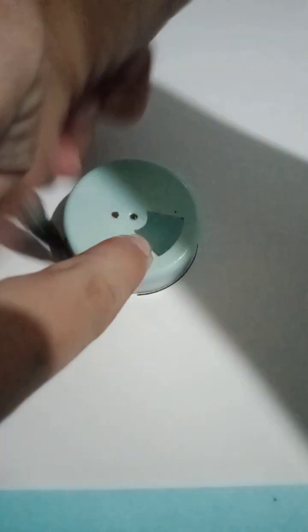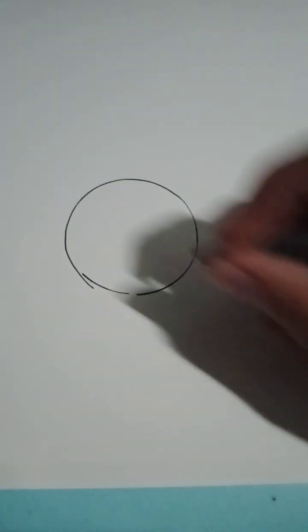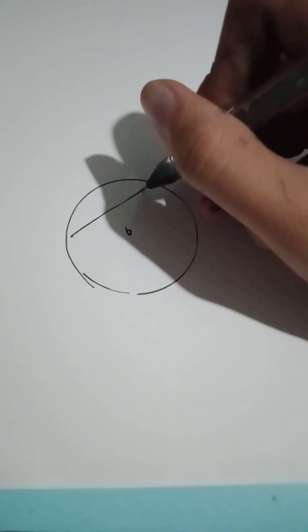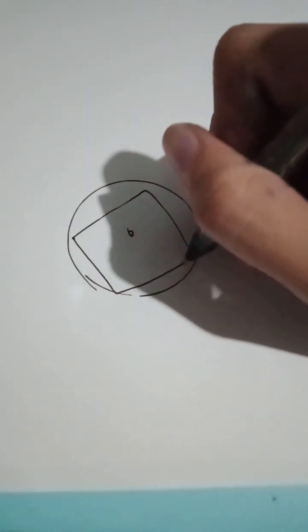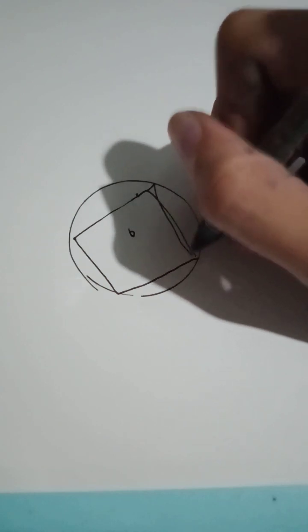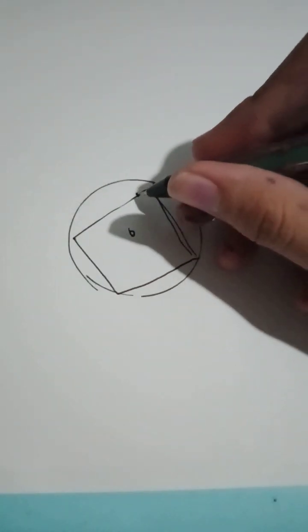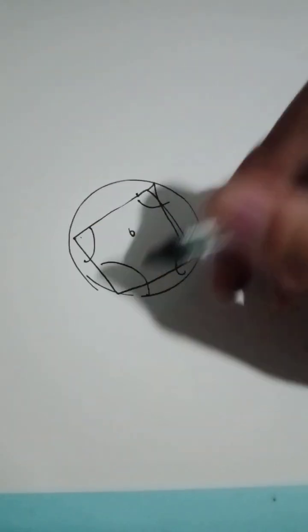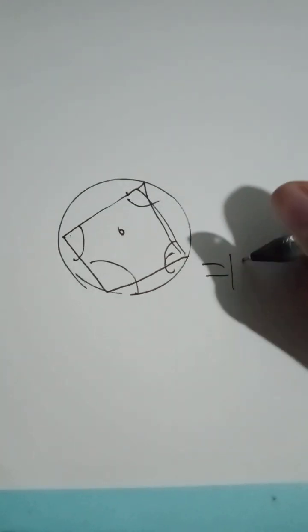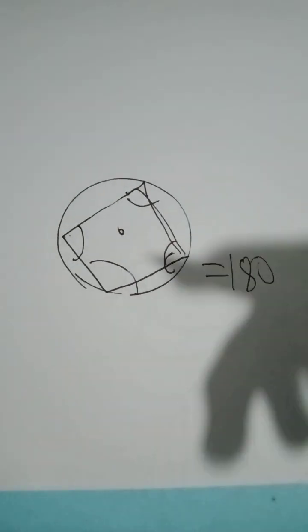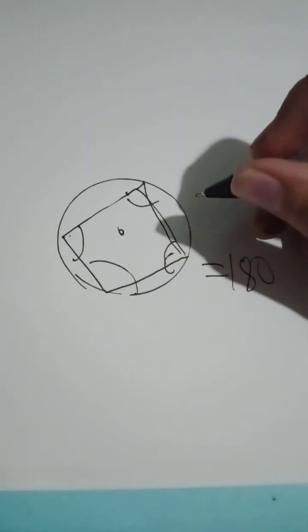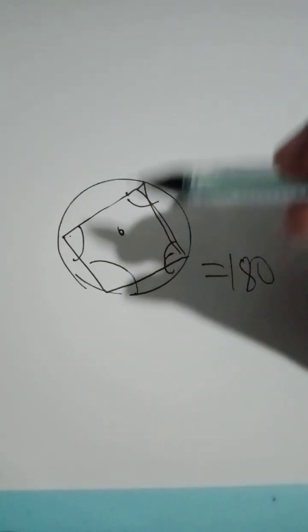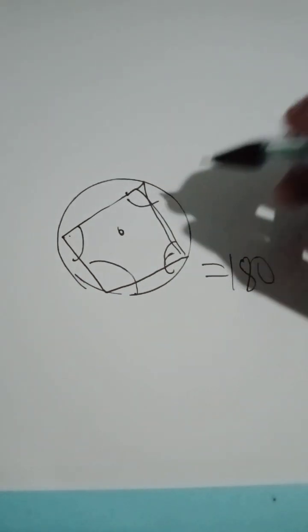For example, if you have a square right here, if you add both of its opposite angles, it's going to equal 180, while each angle has different measures.